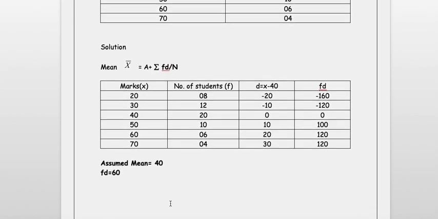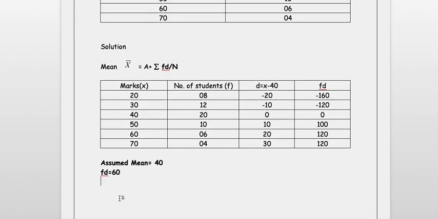Now we have to just put it in the formula. Mean is equal to a. a we have taken as 40, plus fd, fd is 60, divided by n. n also is 60. If you calculate n, you will see the value of n is also 60.